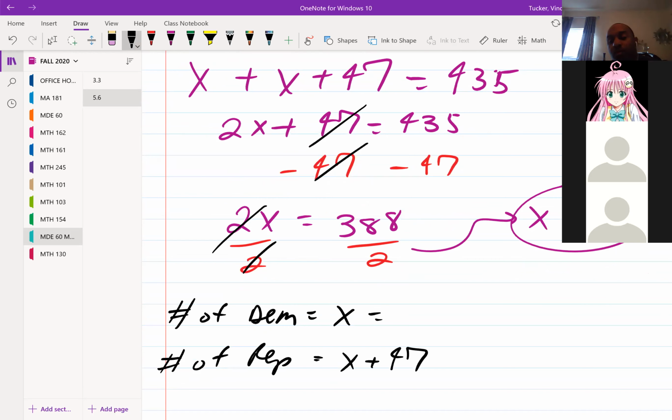All right, so once again, this wanted not just X, but it wanted the number of people in each party.